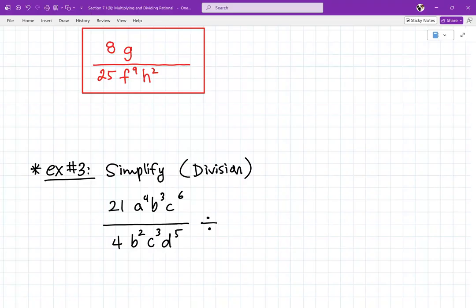Divided by, and then the other fraction is 35a to the 4th, b to the 9th, c to the 6th, divided by 3a to the 8th, b to the 3rd, c to the 3rd, d to the 7th.